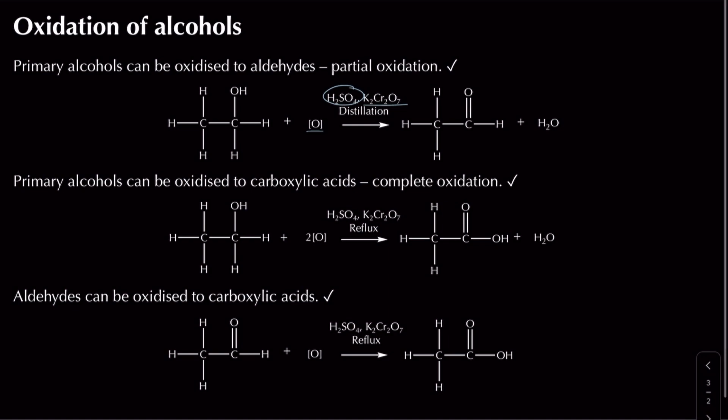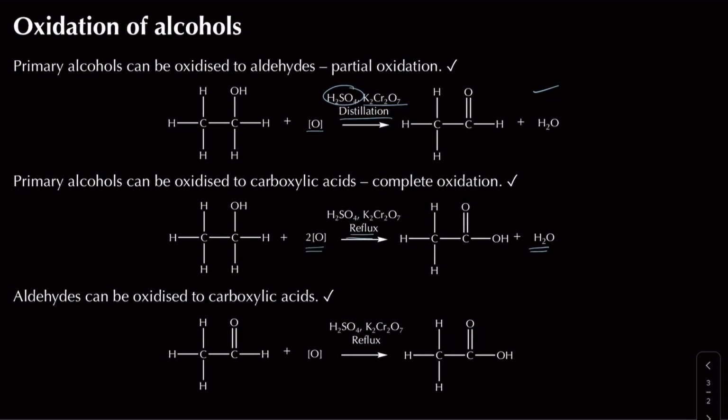If we were to use distillation apparatus, we would separate our aldehyde out before we actually form a carboxylic acid, and so our primary alcohol would form an aldehyde and one lot of water. But if I wanted to go all the way and do the complete oxidation rather than partial oxidation, I would use 2 lots of oxidizing agent, 2 equivalents, and I would use reflux apparatus. And I will end up forming a carboxylic acid but still 1 molecule of water.